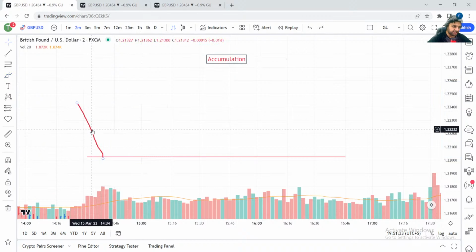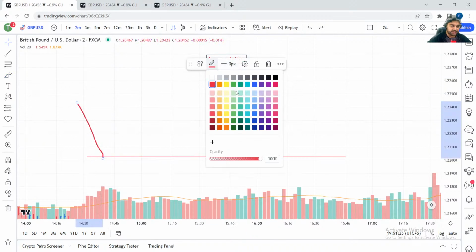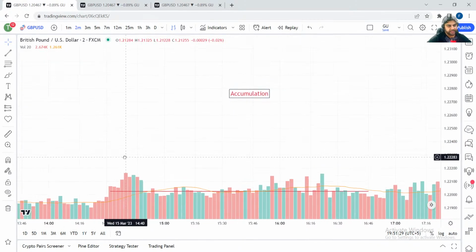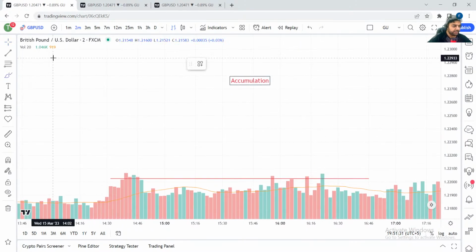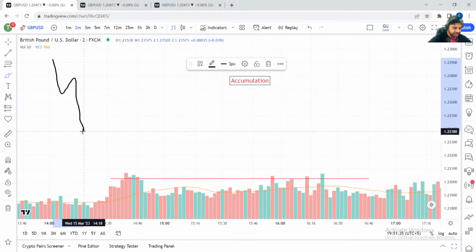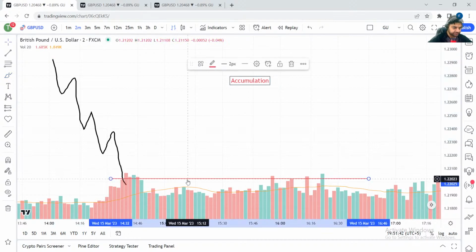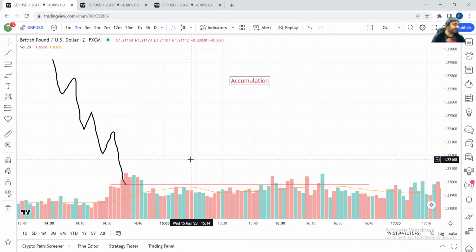Let me illustrate. Imagine that the market is in a downtrend. You can see that the down waves are much bigger than the up waves, right? The market is in a downtrend and the down waves are bigger than the up waves.